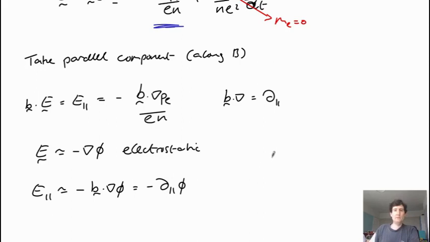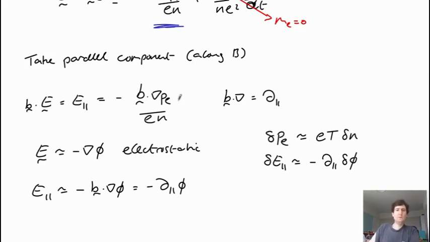We can write down that the change in the electric field, delta E parallel, is roughly just minus the parallel gradient of the change in potential. And from this side, we can assume the change in pressure is mainly due to the change in density, at least for now, so we write delta P_e.